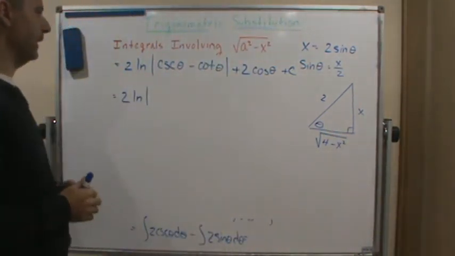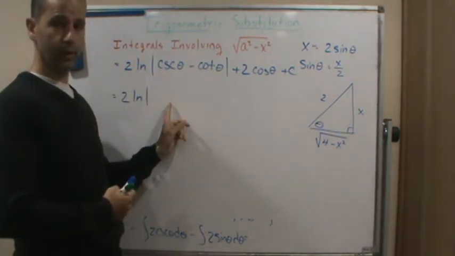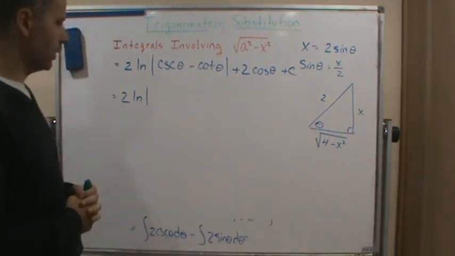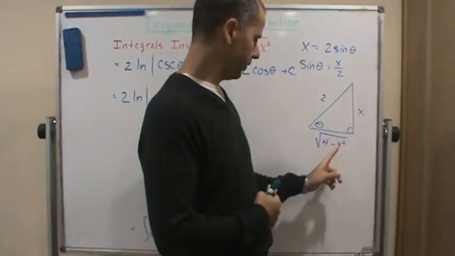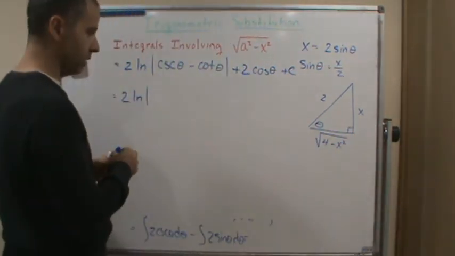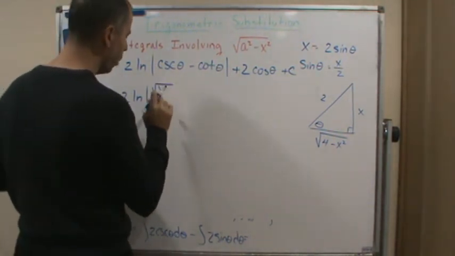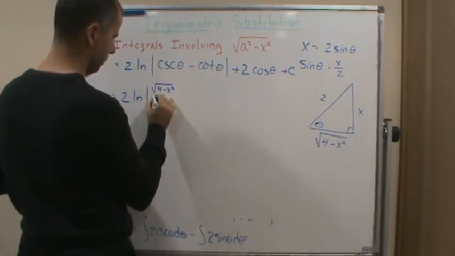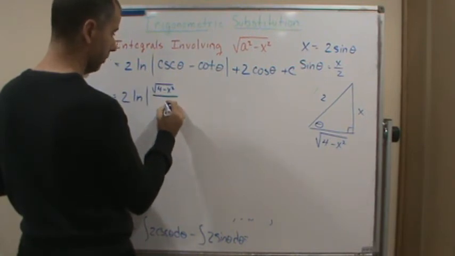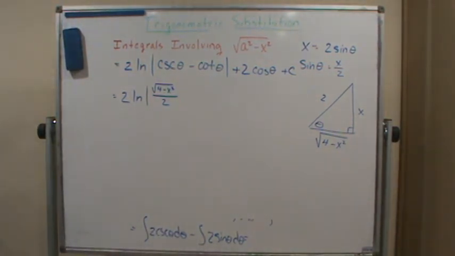So what is cosecant theta? Cosecant, remember, is 1 over sine. So it's the reciprocal of what you would get for sine. Sine is this over this, so cosecant would be that. All I'm doing is applying the definition.